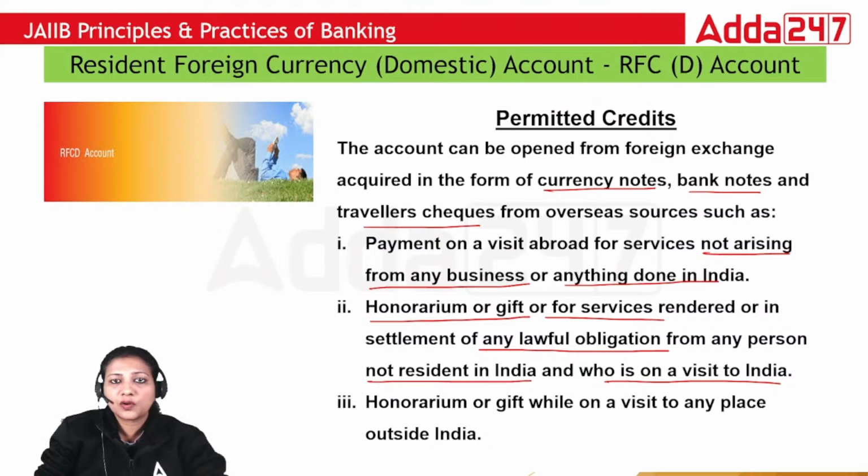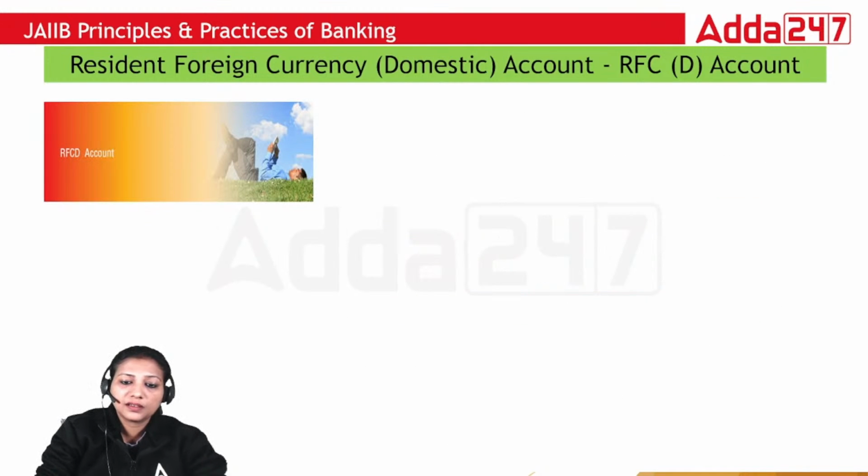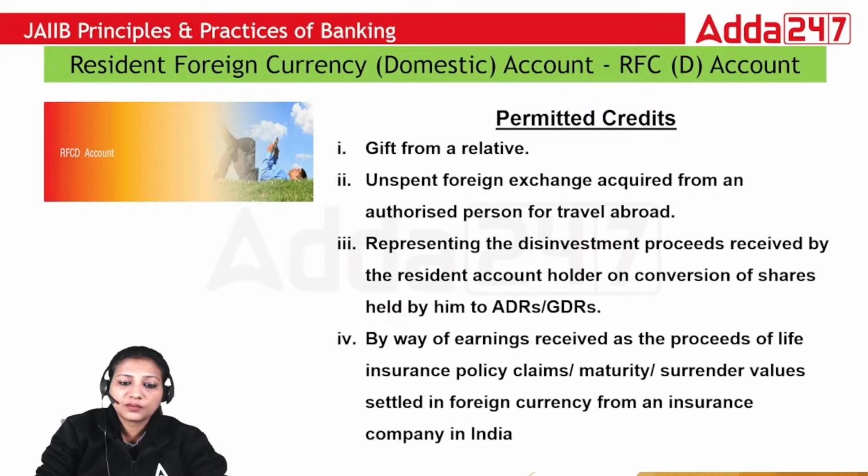Suppose there was some lawful litigation which was going on with any person who was not a resident Indian, and they have to make payment to any resident Indian. In that case, the resident Indian can open RFC-D account. If there is any honorarium or gift which was given while visiting any place outside India, that can also be credited in the RFC-D account.